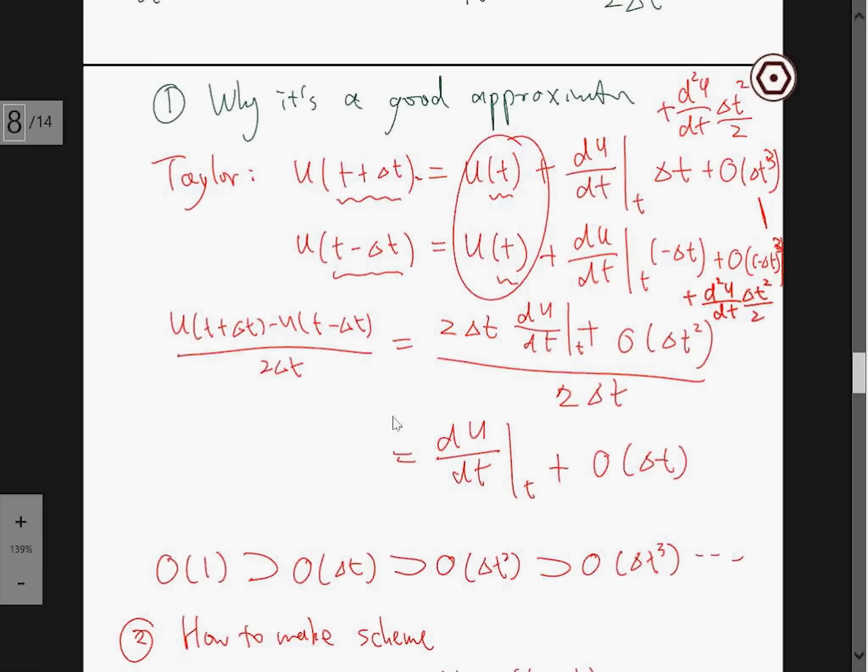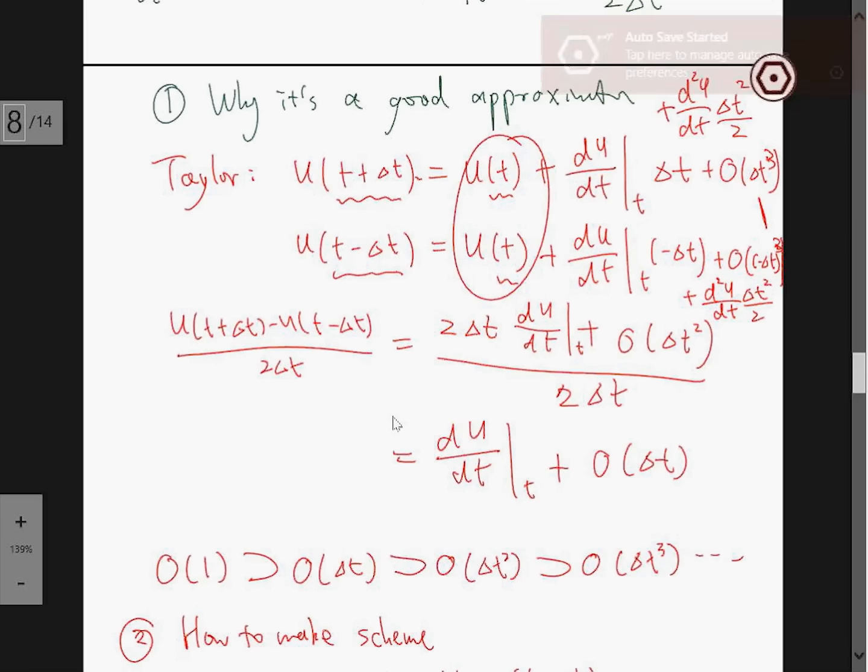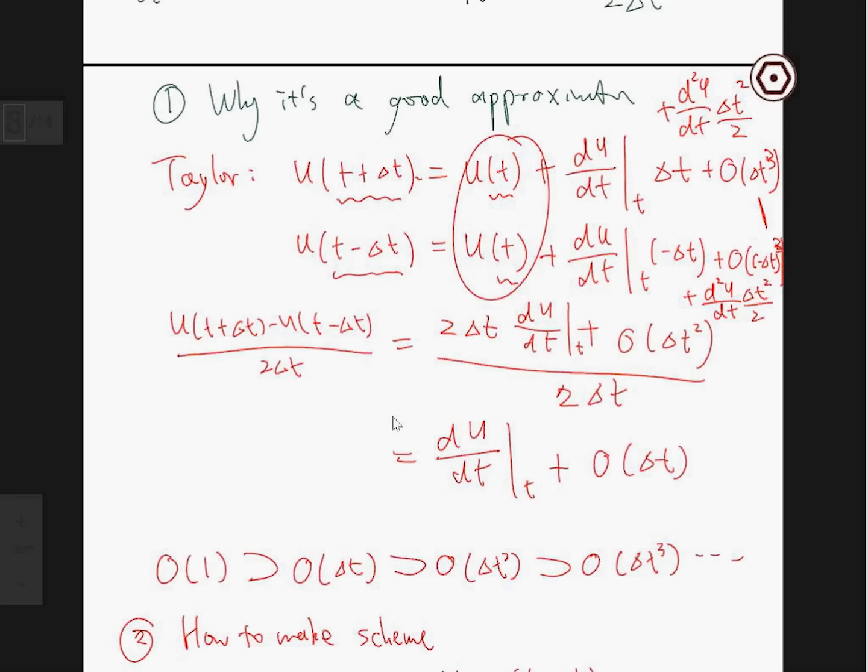And you can see when I subtract u at t plus delta t by u at t minus delta t, the 0th order term cancels. The first order terms are the same, so they add together, and the second order terms also cancel, right? The third order term has a different sign, and subtracting them actually makes them bigger.